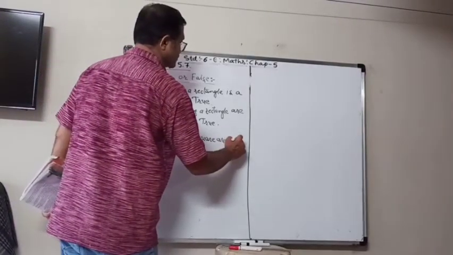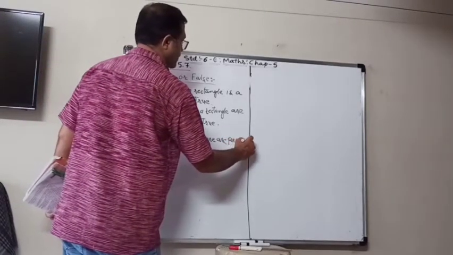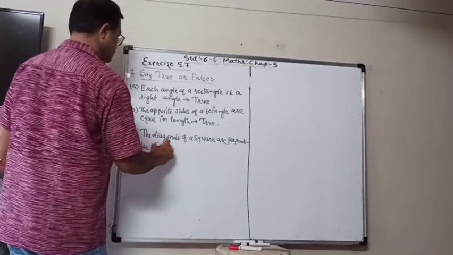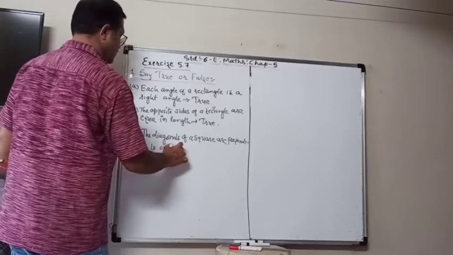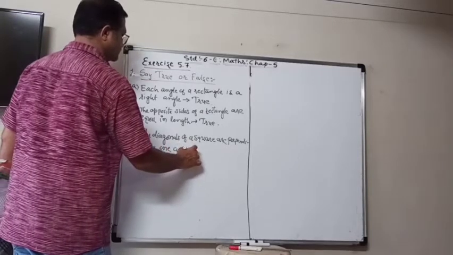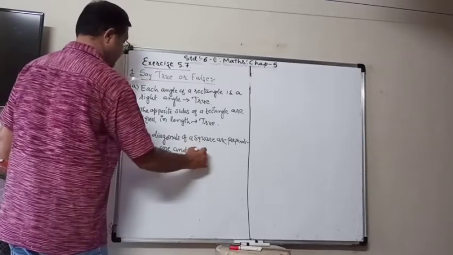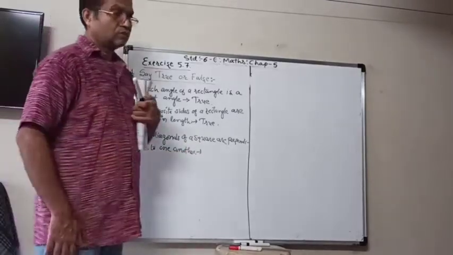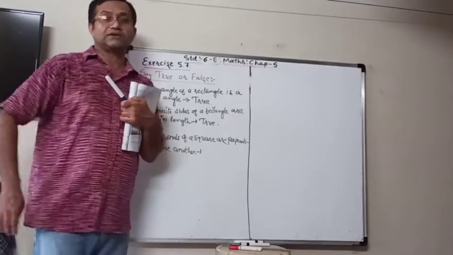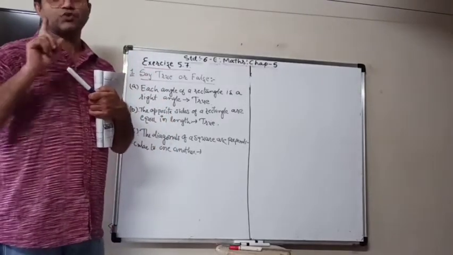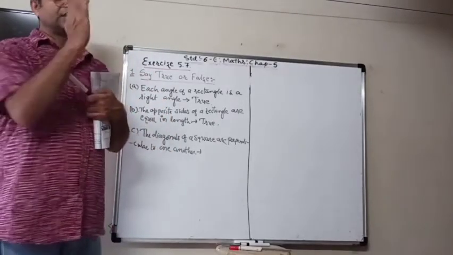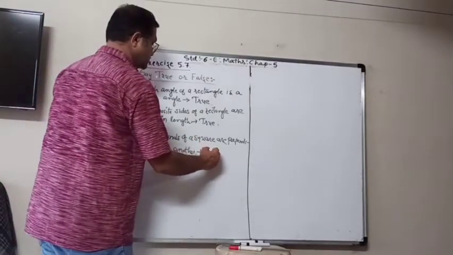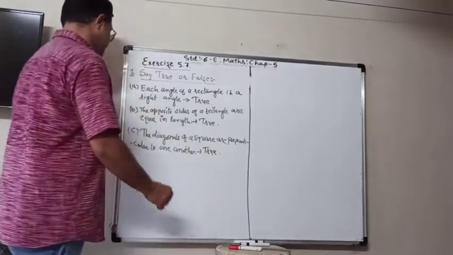We learned in the different quadrilaterals that the diagonals of a square and a rhombus are perpendicular to each other. So this third statement is also true.